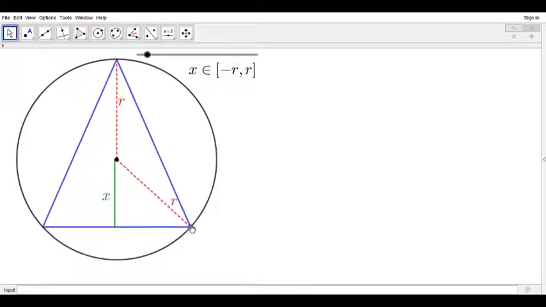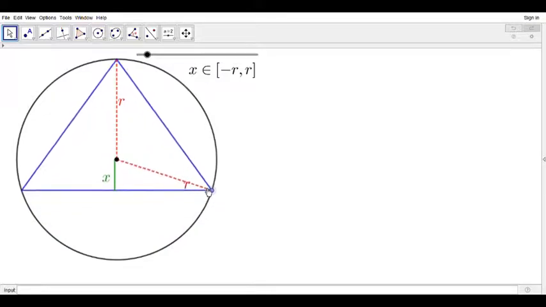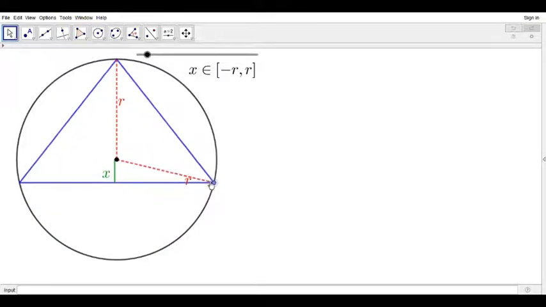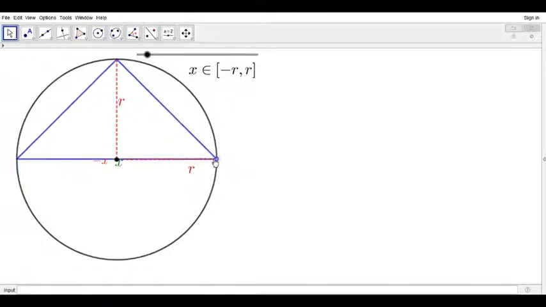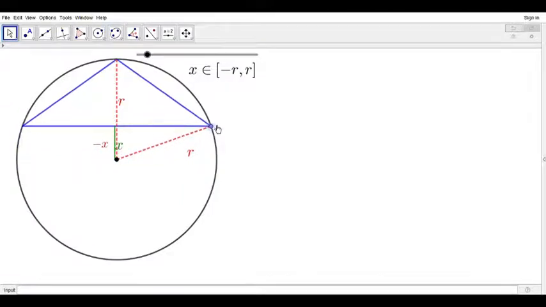But you could also have the base not be below the center, but above the center. In this case, you can think of x as being negative.